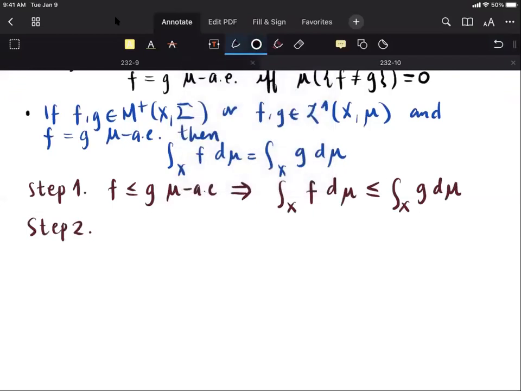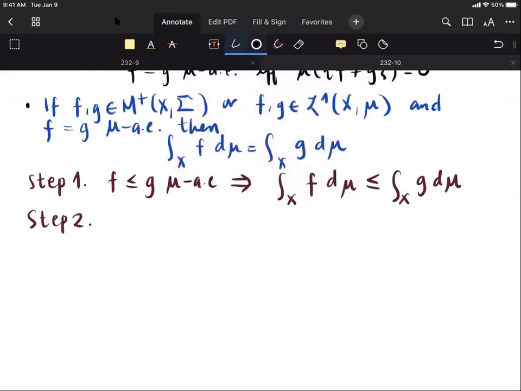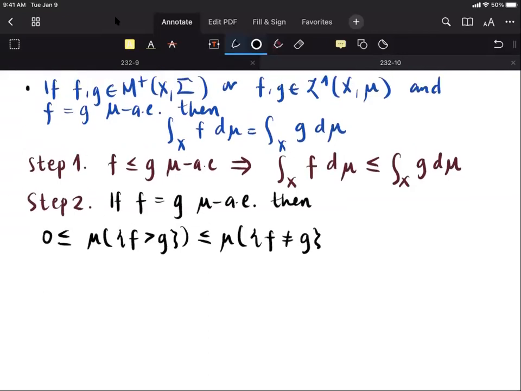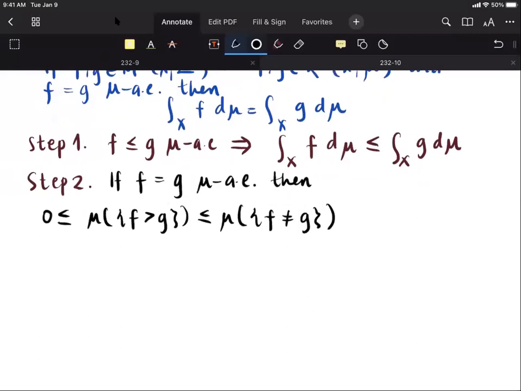Now, if this is the case, take note that if f is equal to g, mu almost everywhere, then the set of points where f is greater than g is a subset of the set where f is not equal to g, because it is possible that g is less than f, but by assumption this set has measure 0.